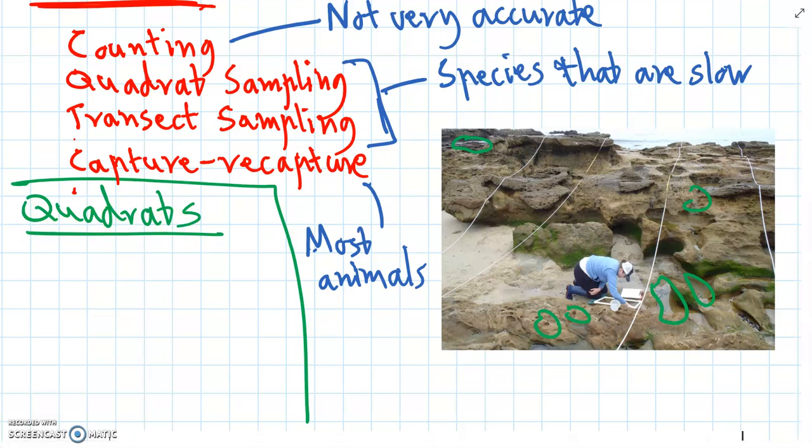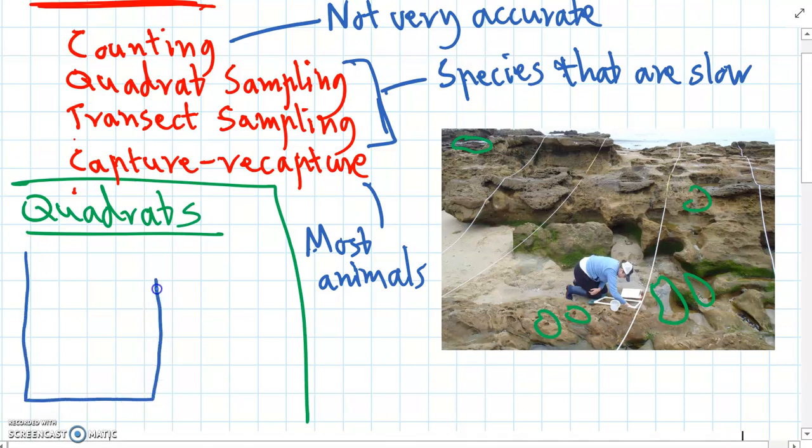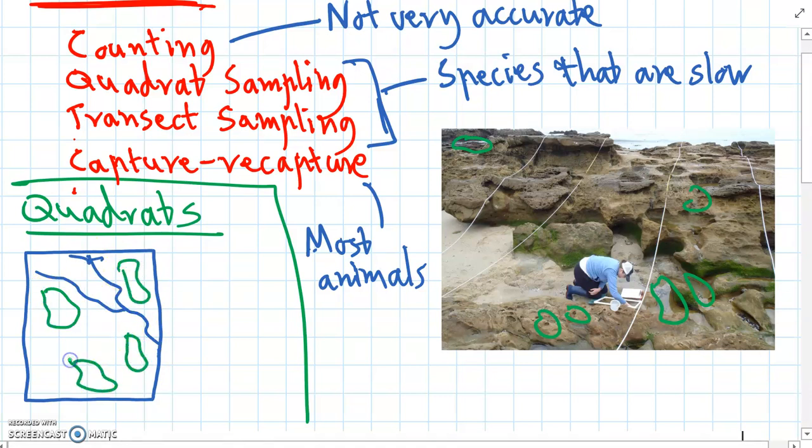And the method for quadrats is scientists will take a map of the area and they'll draw a grid on top of it. So just like the grid you can see on this page, they'll look at a map of the forest they're looking at. So there might be rivers and forests, and then they'll pick random grids in that area.